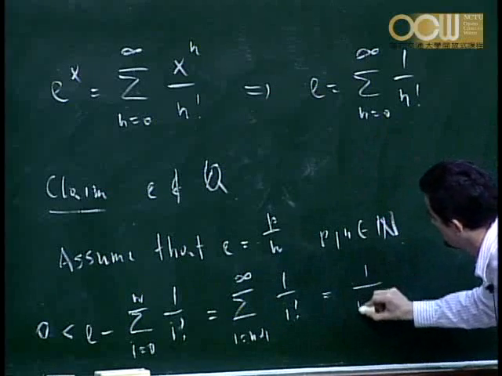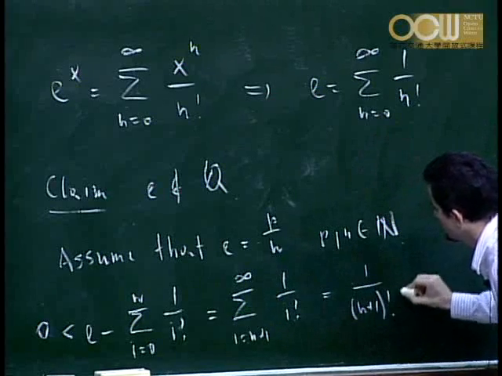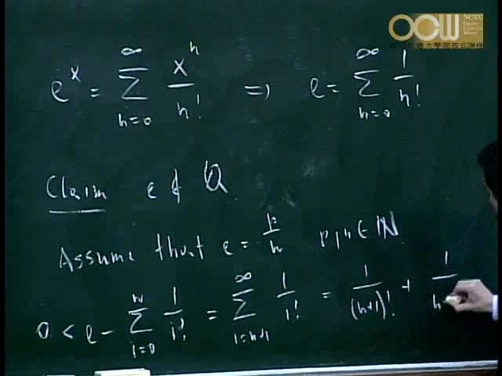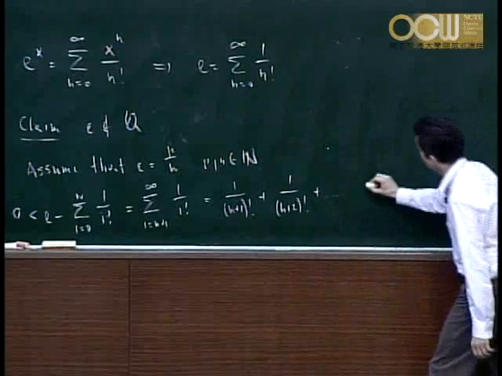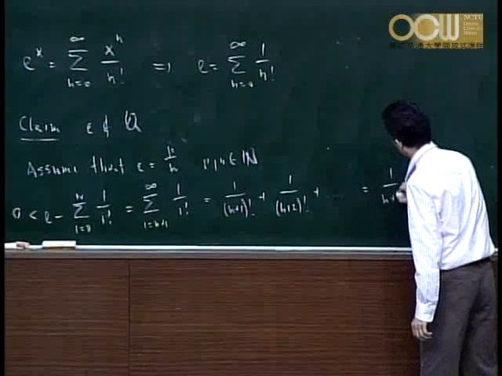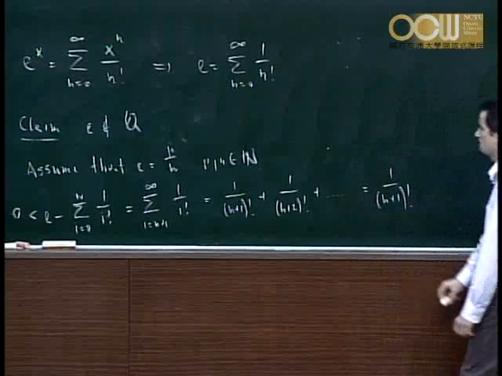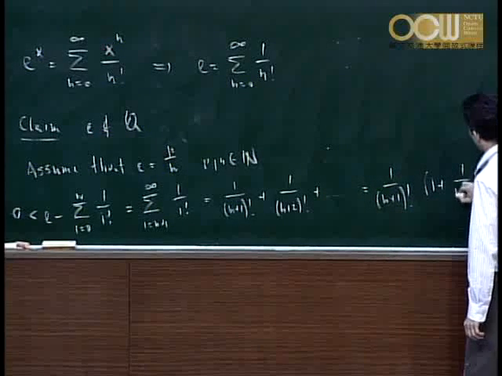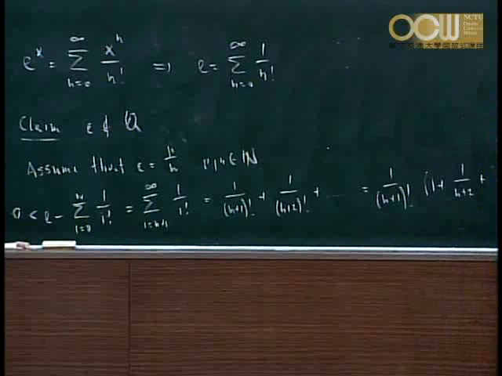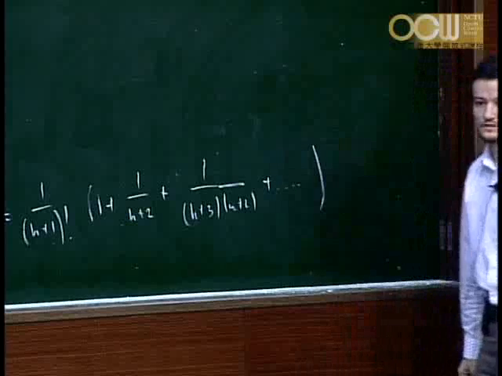We have 1 over n plus 1 factorial plus 1 over n plus 2 factorial plus, and we go on like this. So what we do is we take out 1 over n plus 1 factorial, and what is left is 1 plus 1 over n plus 2 plus 1 over n plus 3 times n plus 2 plus, and we go on like this.